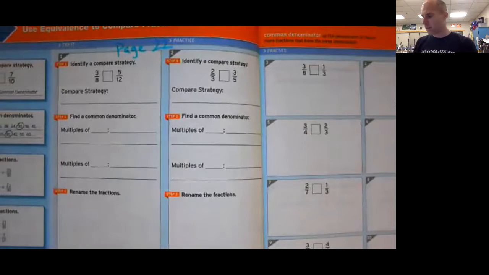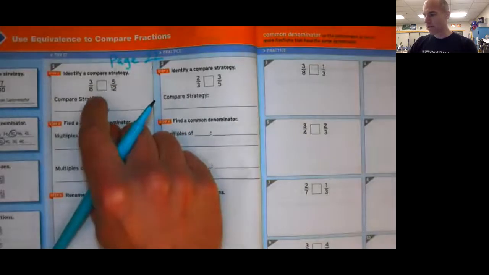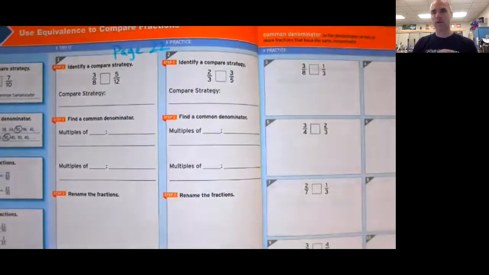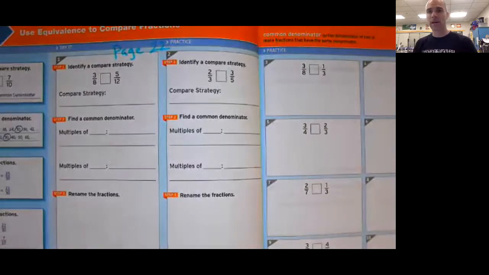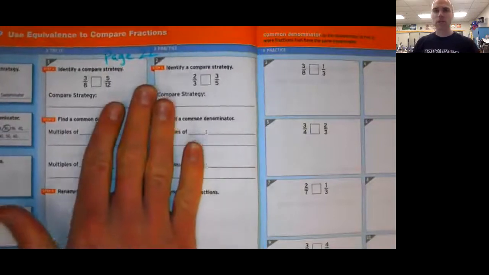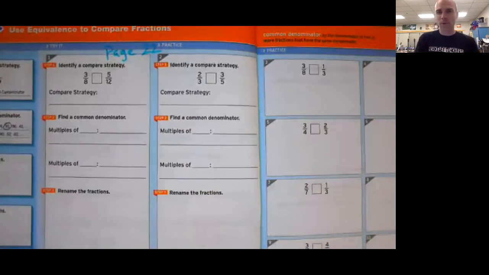All right, so we want to compare 3/8 and 5/12. To compare means decide if one is bigger than the other or if they are equal. There's lots of different strategies we can use. Remember, we've talked a lot lately about identifying that one fraction is greater than one and one fraction is not greater than one, so you can tell that obviously the one that is greater than one is greater.